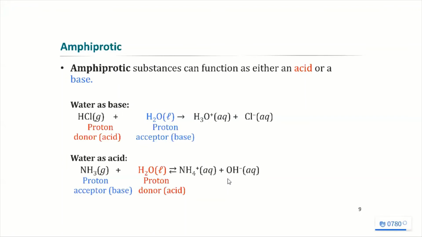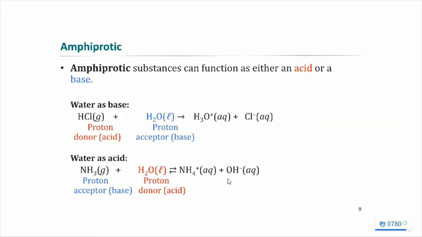Amphiprotic substances kind of have their foot in both doors. Again, this goes back to we can't have amphiprotic nature if we don't have an understanding of the Bronsted-Lowry theory. Again, this comes back to reactivity, not identification of hydrogen or hydroxide. When we can pinpoint reactively that a substance can act both as a base and as an acid, depending upon its environment, we call that substance amphiprotic.